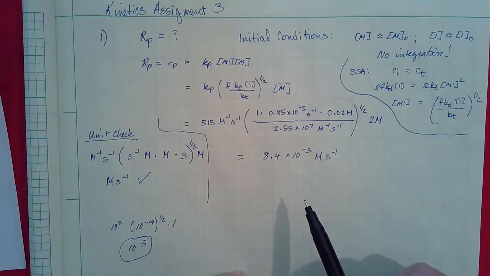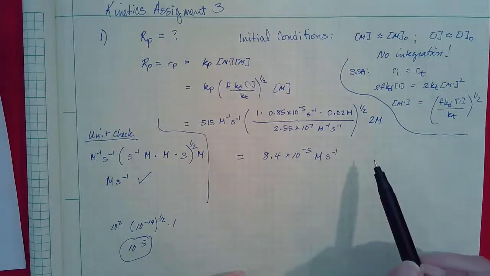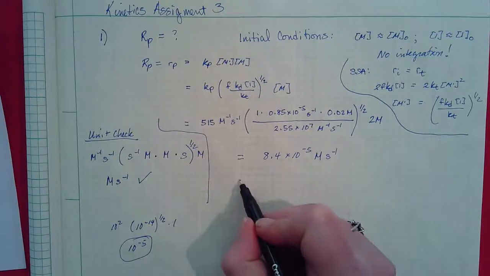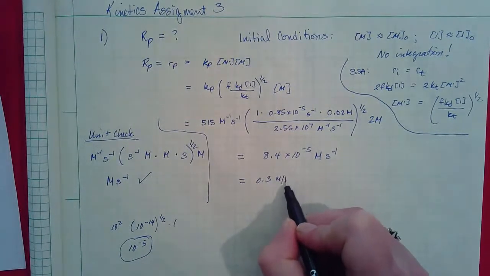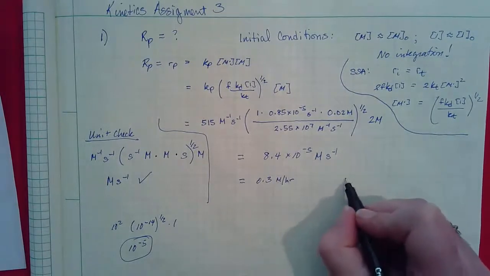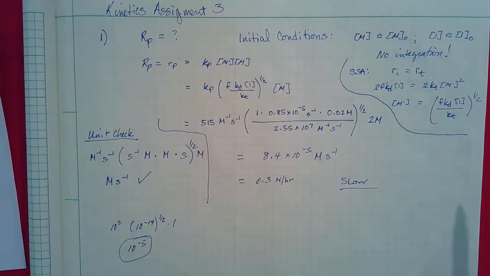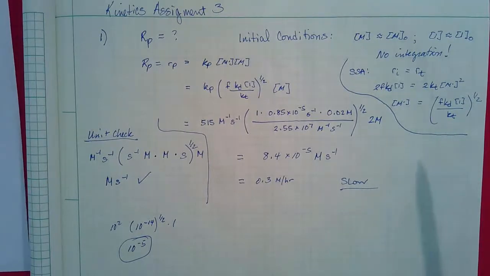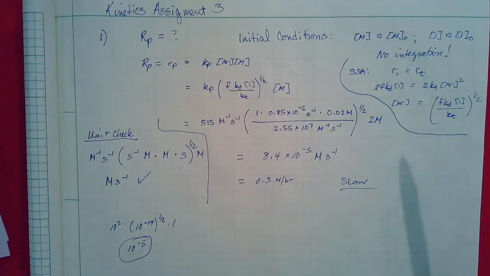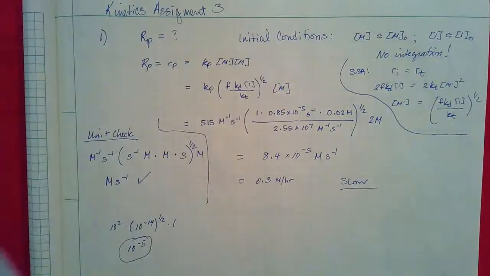And if we multiply by 60 seconds and 60 minutes to get our answer in terms of hours, it's 0.3 molar per hour. Still seems slow, right? It seems like a slow reaction. But I believe these are all real rate constants, so I think that is correct. But again, I might have made a mistake with my calculator.